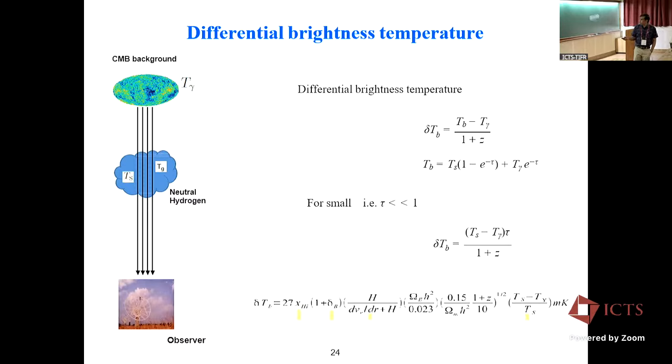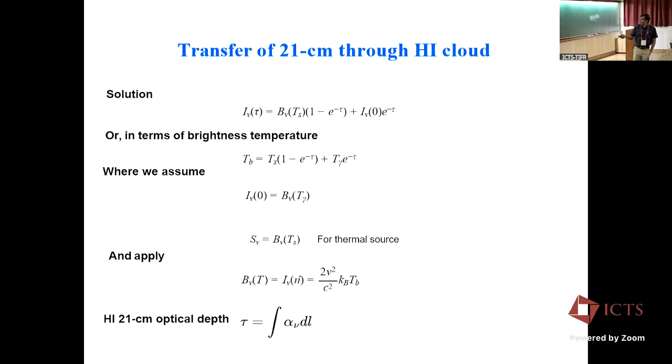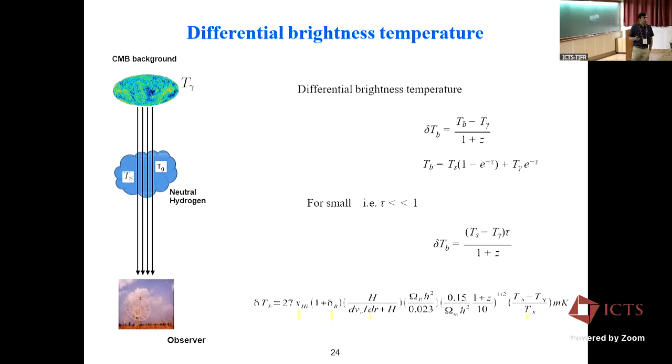So far we have talked about TB. Now we want to know the difference created by the neutral hydrogen, and we define the differential brightness temperature as TB minus T gamma, because we want to know the change that has occurred due to the intervening neutral hydrogen medium.